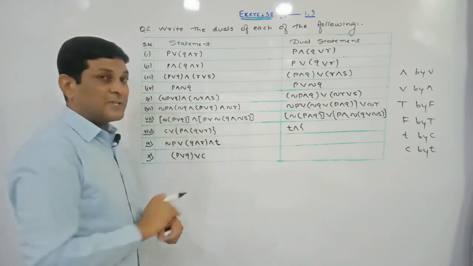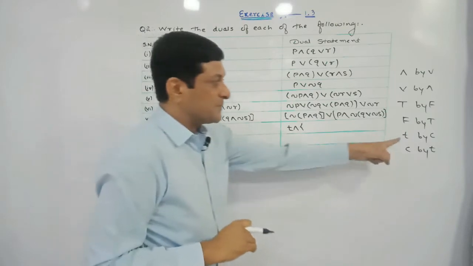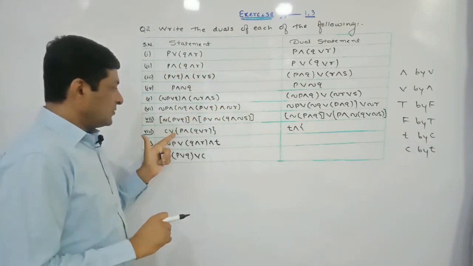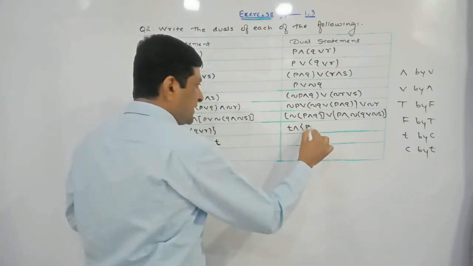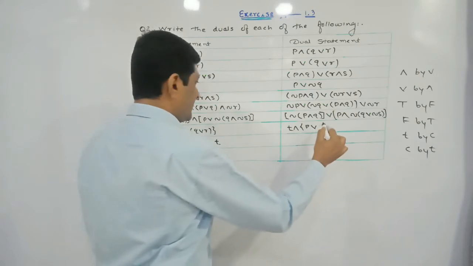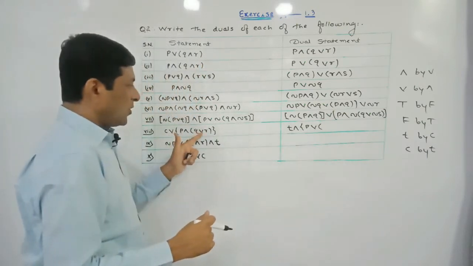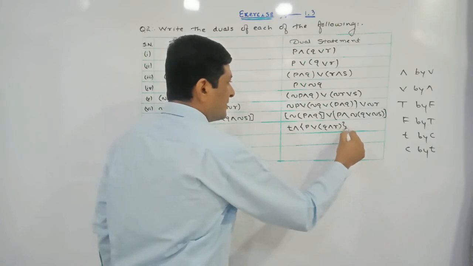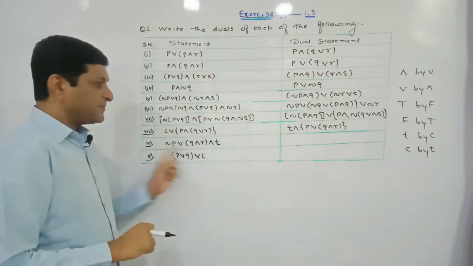So observe the given statement very carefully. If c appears, replace it by t, and if t appears, replace it by c. Now here curly bracket, keep it as it is, P also as it is. This AND will get replaced by what? OR. In this bracket Q or R is there, so this OR will get replaced by what? AND. Close the curly bracket. Observe the next statement.